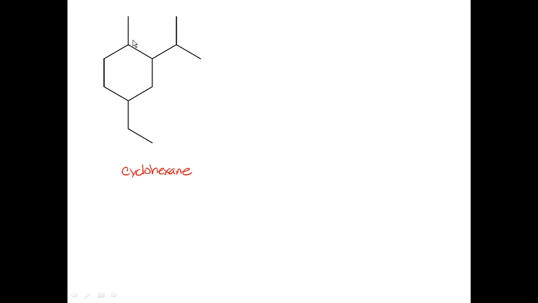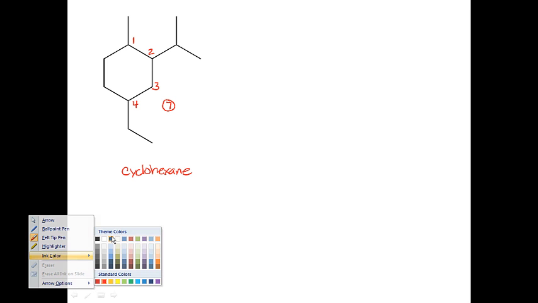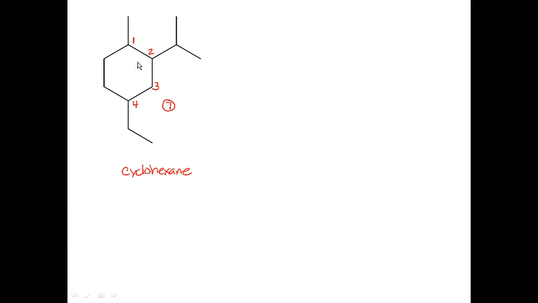I could start here and go 1, 2, 3, 4, and that would give me a total sum of 7 for the red numbering scheme. Or, changing colors, we could have a blue numbering scheme that would go 1, 2, 3, 4, 5.